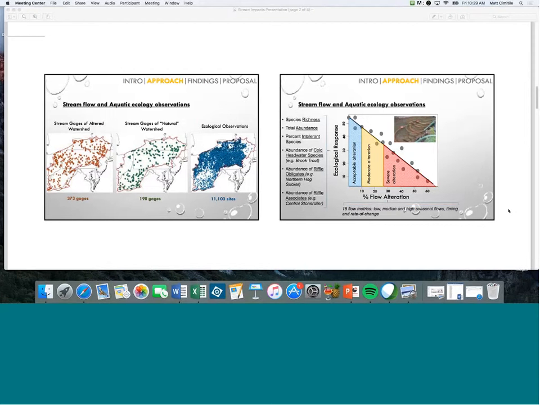We combined those with our knowledge of how changes in flow influence ecology to map the most sensitive areas throughout the region.